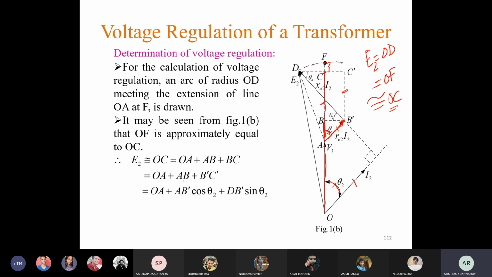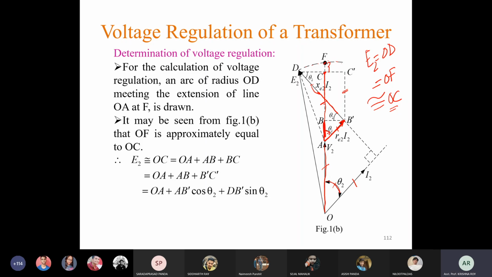So AB dashed cos theta 2 is equal to AB. So in place of AB, we can write AB dashed cos theta 2. Why are we changing from AB to AB dashed cos theta 2? Because only these lengths are known to us: B dashed D, AB dashed, and also OA. But we can see E2 is equal to OC, so AB and BC are not known.